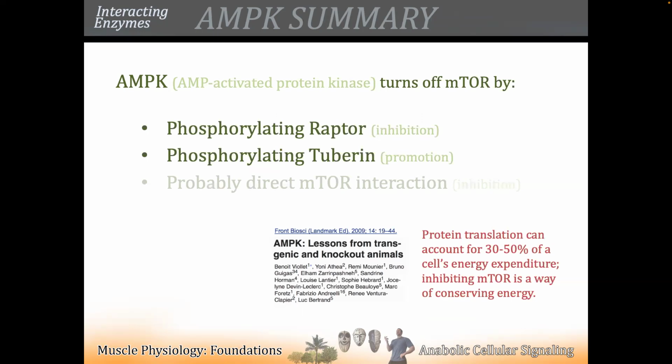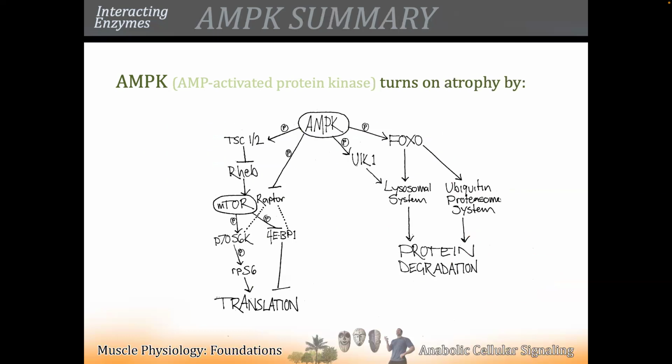And the reason AMPK does this is how expensive mTOR is. Protein translation costs the cell a lot of energy. So if ATP is something we care about, if we're trying to conserve it, if we're trying to be a conservationist here, this is a good process to shut down.